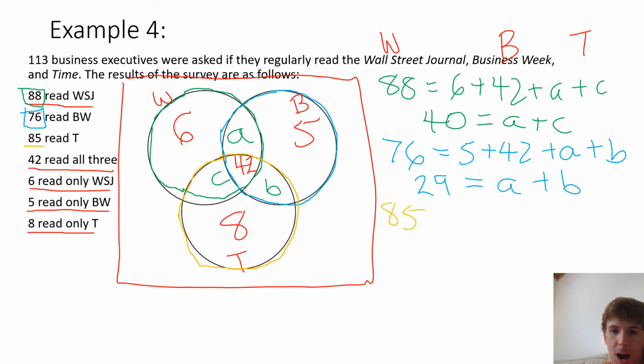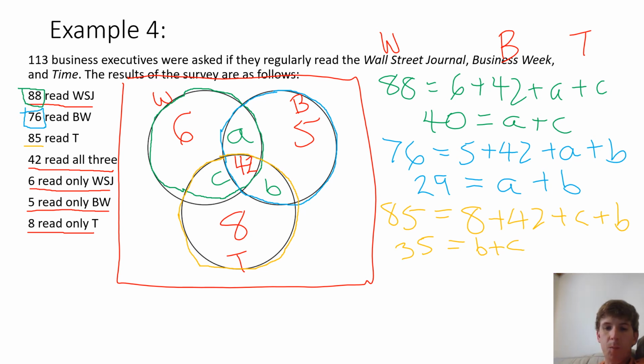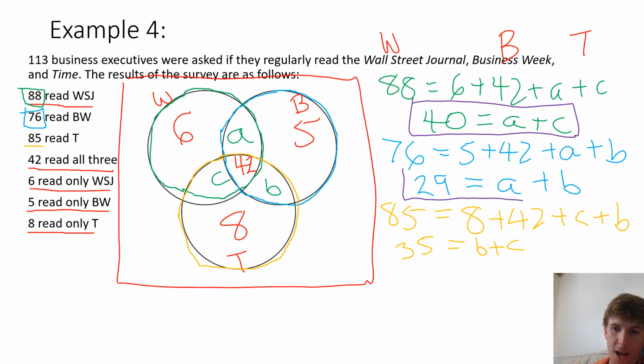So we have 85 equals 8 plus 42 plus C plus B. Just moving that 50 over, that would just be 35 equals B plus C. So we have this system of equations: 3 equations, 3 unknowns. We would just solve that system of equations.